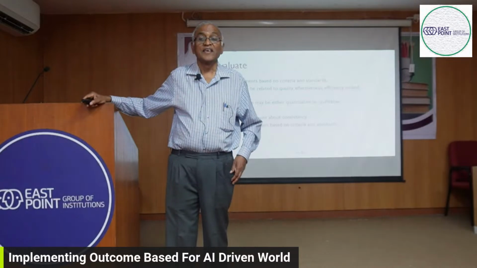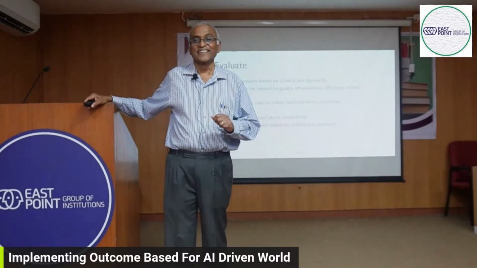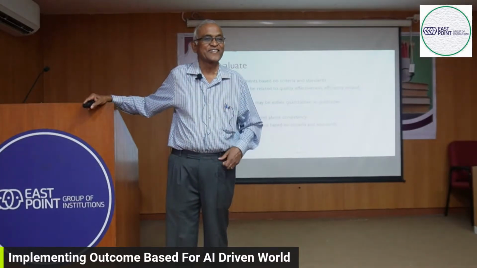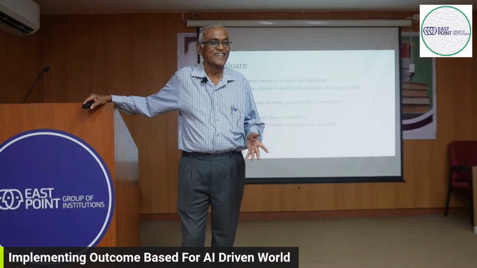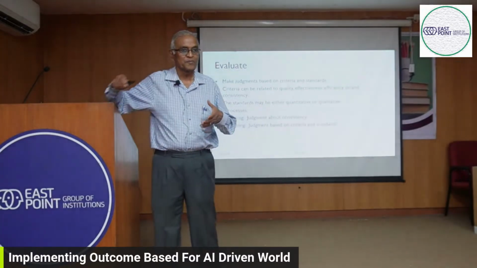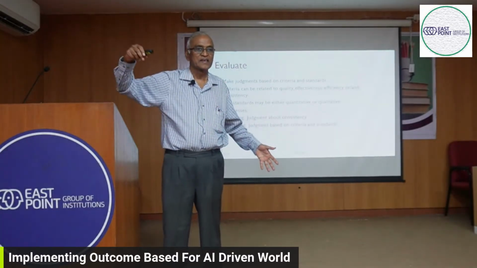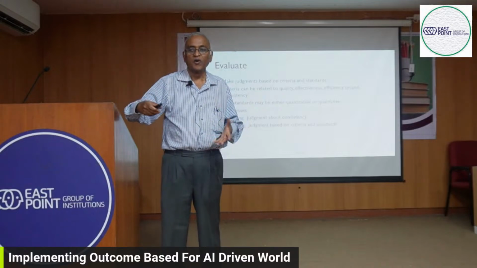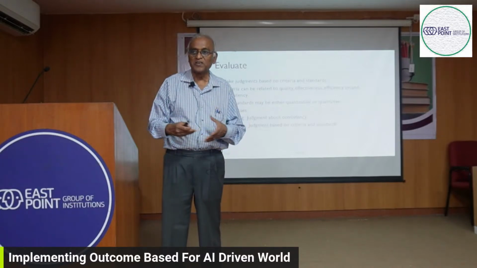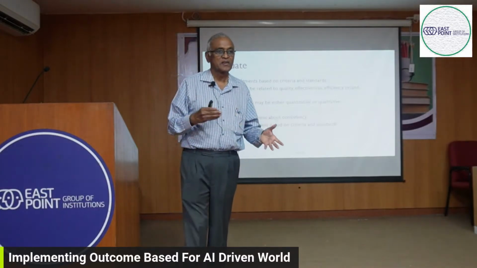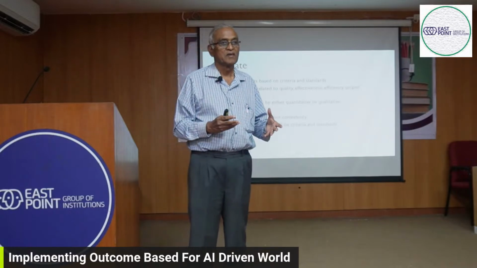And if some are qualitative criteria and some are quantitative, how do you decide? So the evaluate problem can expand like that, depending on how many criteria you are using, how many solutions you are comparing, and whether they are qualitative or quantitative.